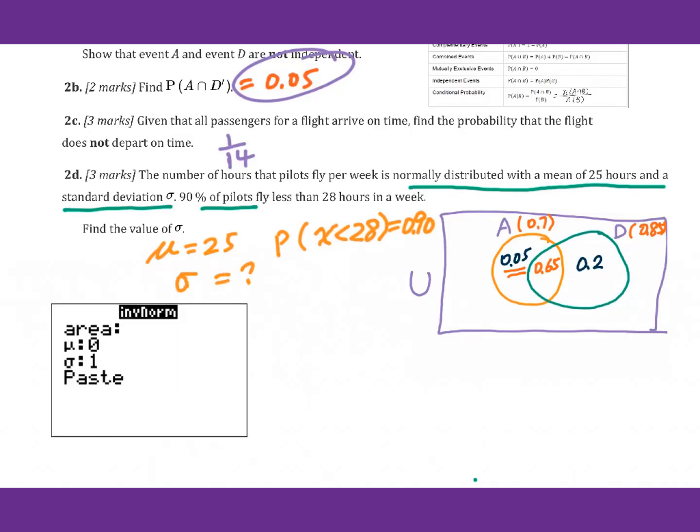Since we're looking for standard deviation, you have to get the z-score first by using inverse norm. Here's the x less than, so we put the 0.90 into this probability. Here's area 0.1, then you will get the z-score. You will get 1.28.